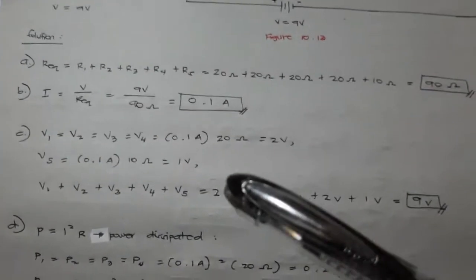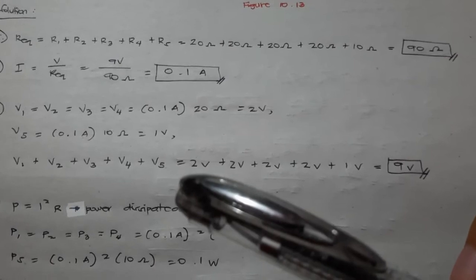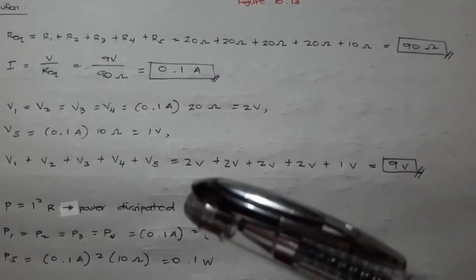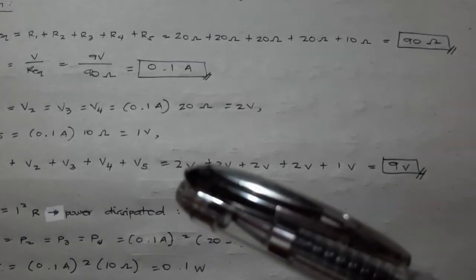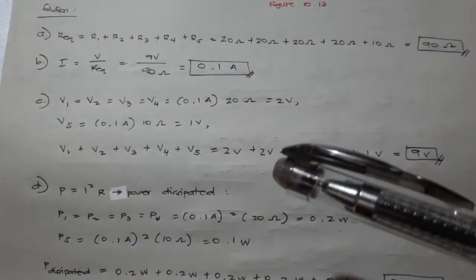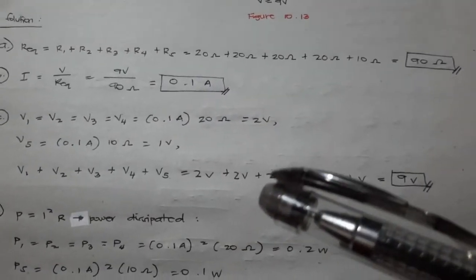So next, letter B. The current through the circuit is the same for each resistor in a series circuit and is equal to the applied voltage divided by the equivalent resistance.